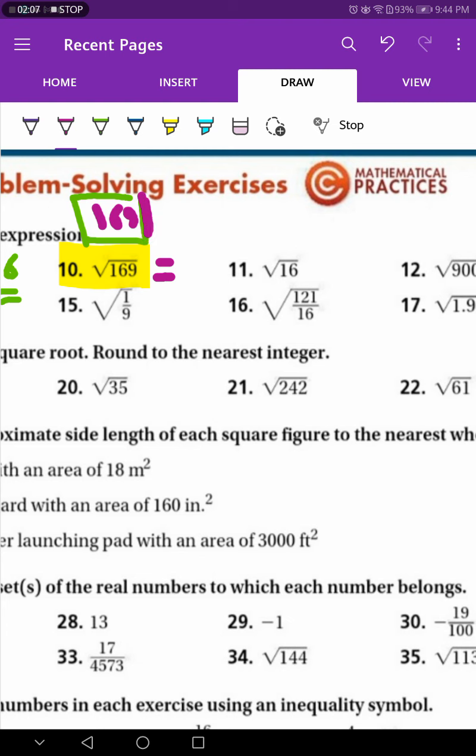As you know, the 169 comes from 13 multiplied by 13, so it is equal to 13. So the length of this side is 13. Beautiful. And we keep thinking in this way.